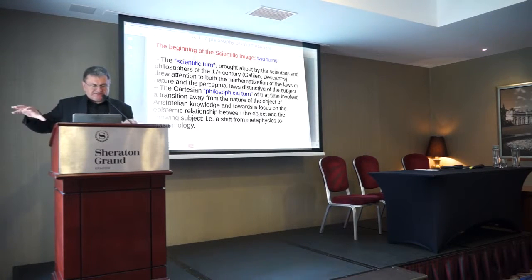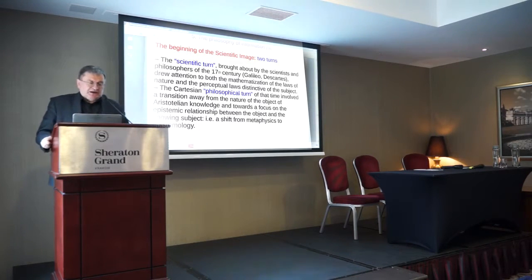The Cartesian philosophical turn of that time involved a transition away from the nature of the object of Aristotelian knowledge and towards a focus on the epistemic relationship between the object and the knowing subject. So this is this subjective turn in philosophy. It was a shift from metaphysics to epistemology.